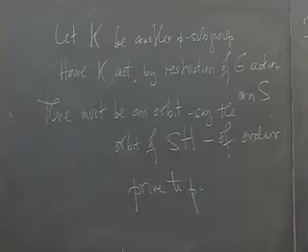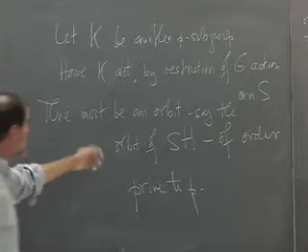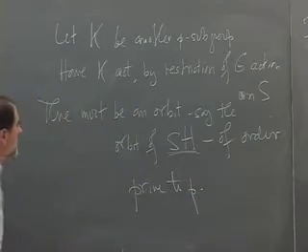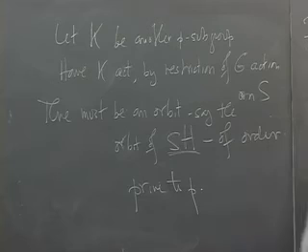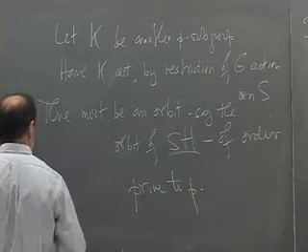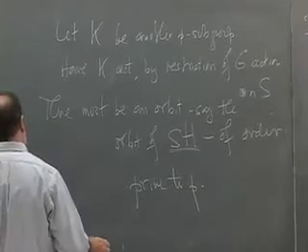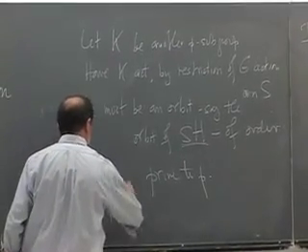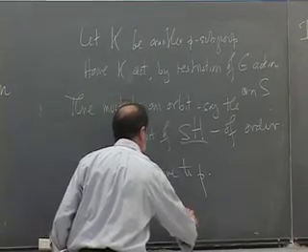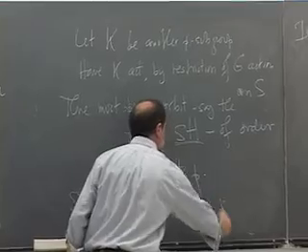Because if all the orbits had size divisible by p, the entire set would have size divisible by p. But it doesn't. So there must be an orbit, say this orbit, of order prime to p. Which means that its stabilizer, so the size of the orbit is prime to p, so the order of K divided by the order of the stabilizer is prime to p.